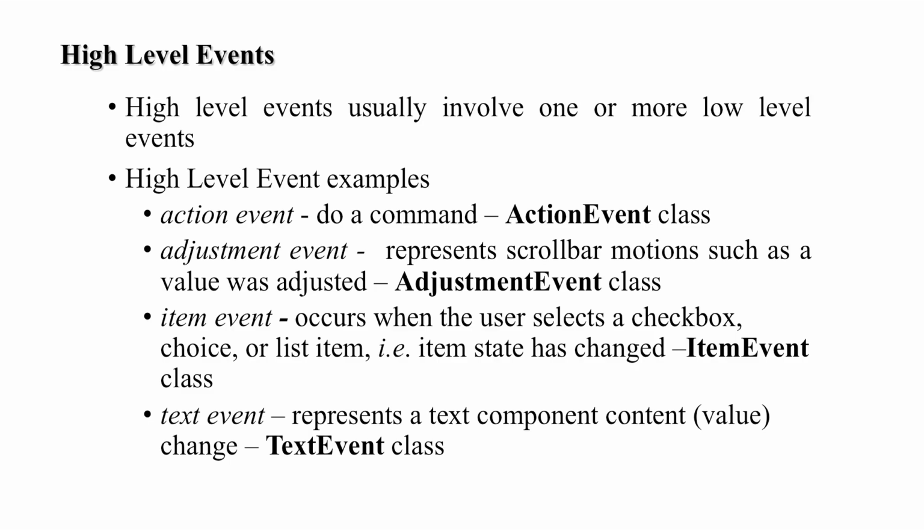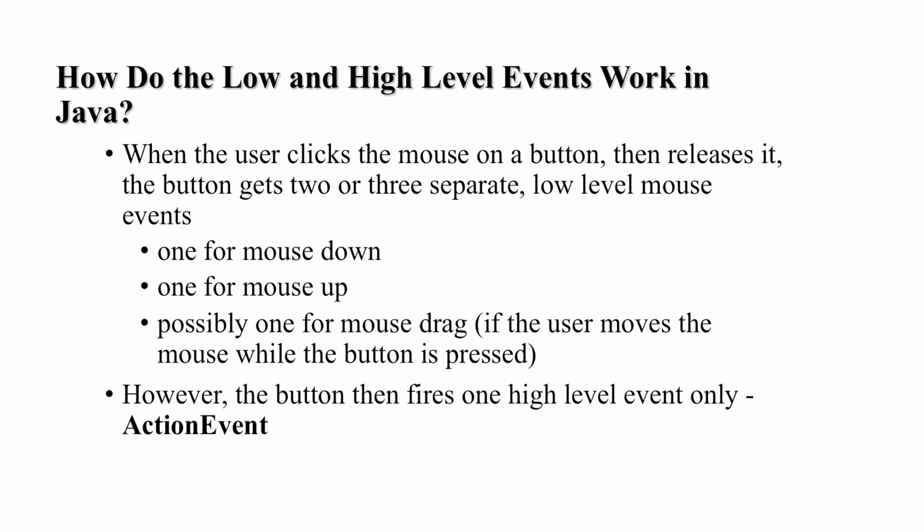High level events may be action events, represented by the action event class; adjustment events like scrolling motions, which may invoke the adjustment event class; item events, when the user selects a checkbox, choice, radio button or list item and the item state has changed, which may invoke the item event class; and text events, which represent a change in the content value of a text component, which will invoke the text event class.